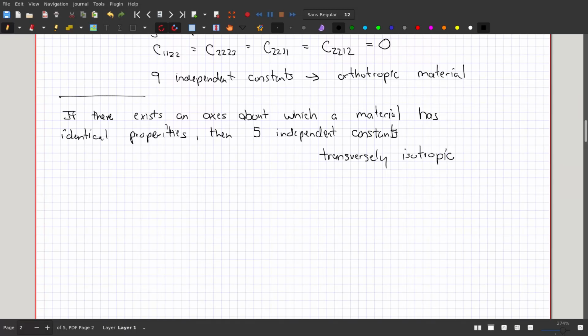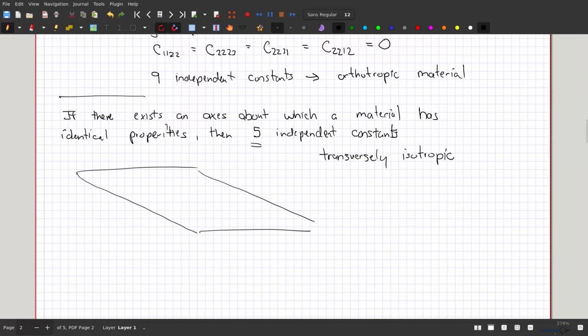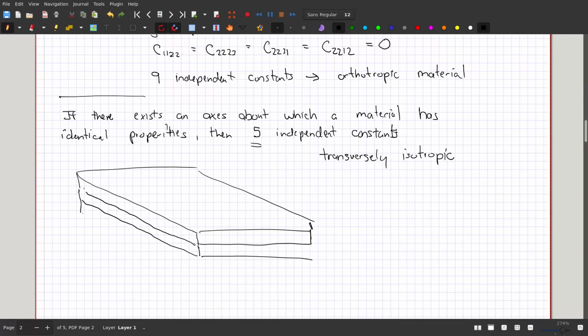And so the reason I point this one out is, imagine you have a material like this that consists of several layers of material. So something like this.